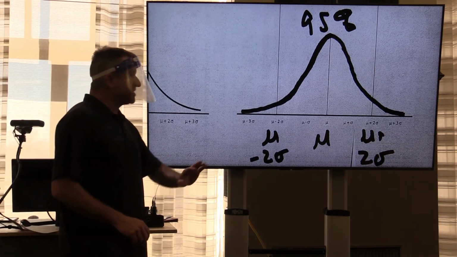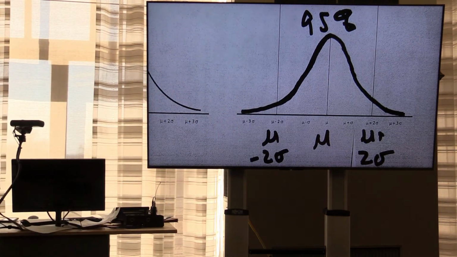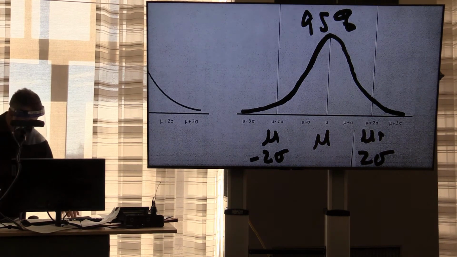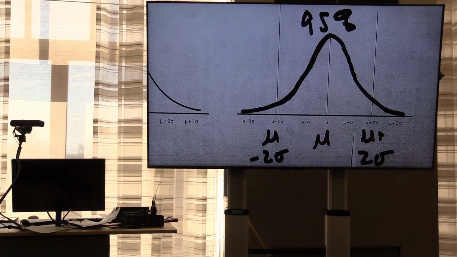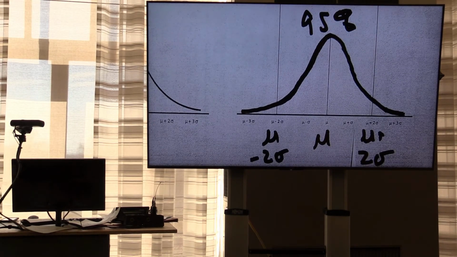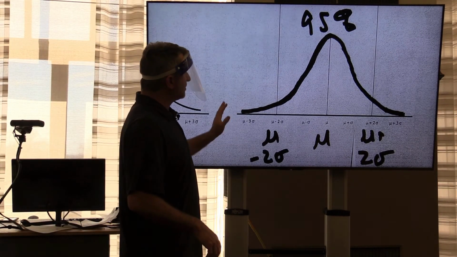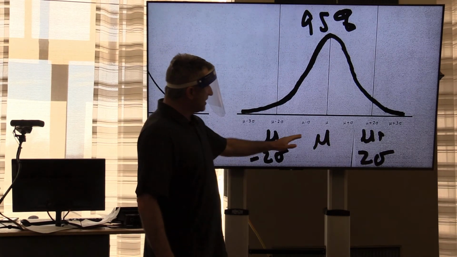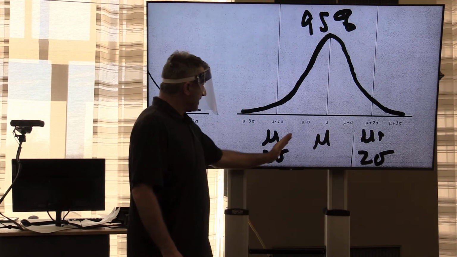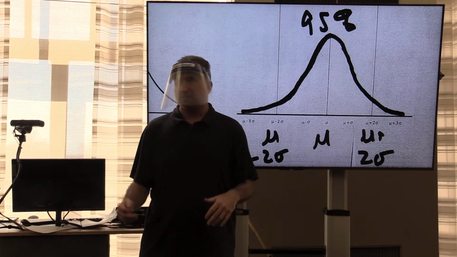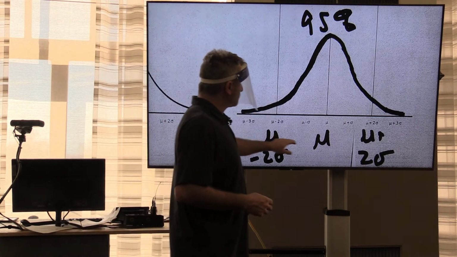Okay, so what we've done is we calculated average demand over lead time. Our average demand was close to 26,000. And we calculated the standard deviation of demand over lead time. So what we can do is look at a bell-shaped distribution and say, if we go 2 standard deviations to the right of the mean and 2 standard deviations to the left of the mean, 95% of the time the value will be between those 2.